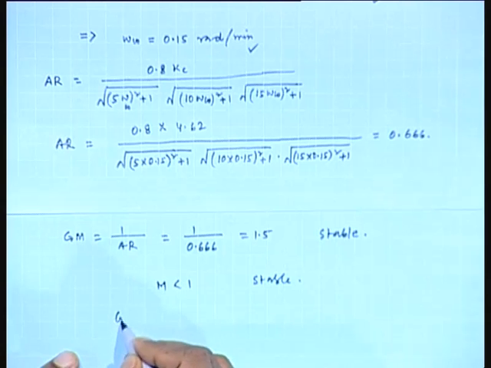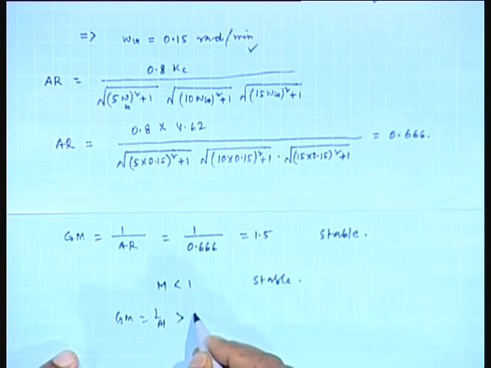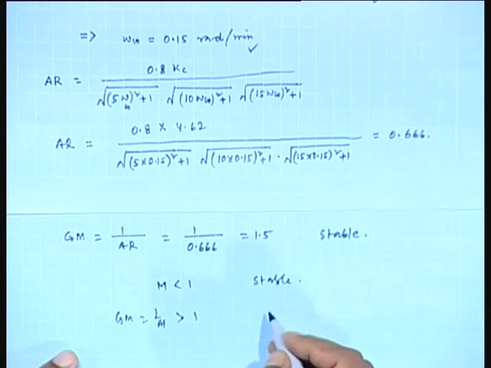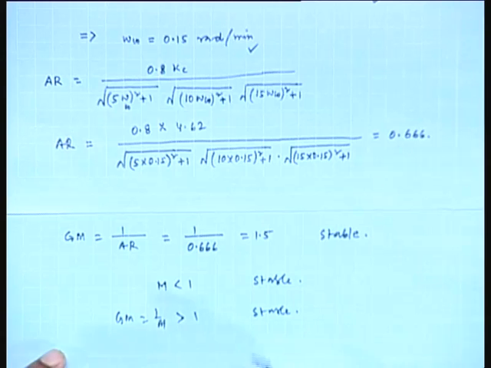So, gain margin is basically 1 by m. If 1 by m is greater than 1, then the system is stable. When m is less than 1, definitely gain margin should be greater than 1. So, this is the condition for stability.